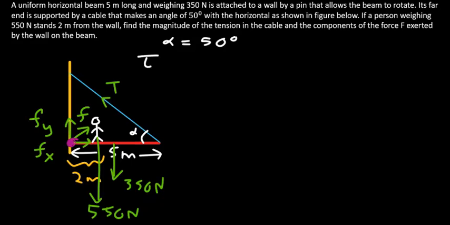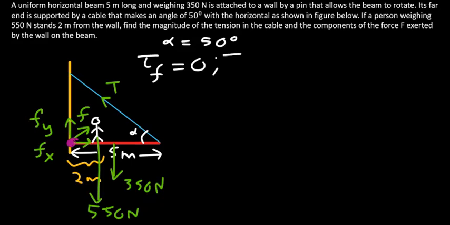So the torque due to the force itself about an axis passing through this point, let's say the axis is perpendicular to the plane, is 0, because F has 0 moment arm for that axis of rotation. It is situated exactly on the axis of rotation, so it does not contribute any torque.